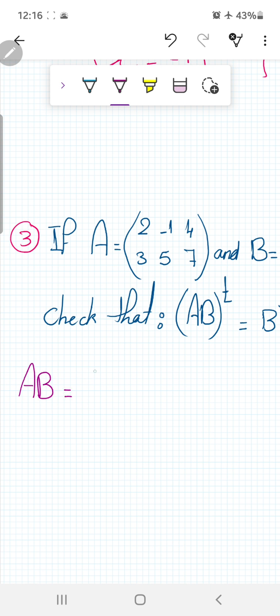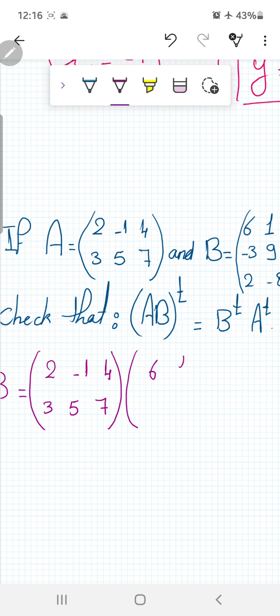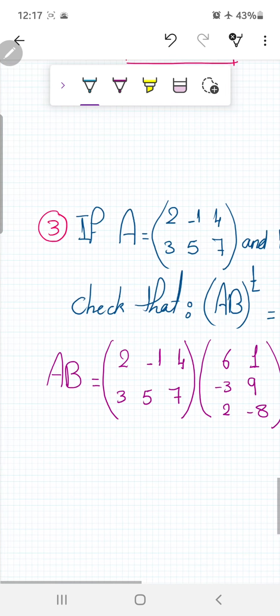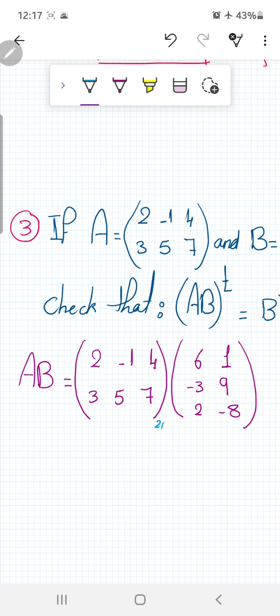Write A, [2, negative 1, 4; 3, 5, 7], and B, [6, 1; negative 3, 9; 2, negative 8]. First check to multiply. Here we have 2 times 3, and here 3 times 2. 3 equals 3. So the result will be a matrix consisting of 2 rows and 2 columns.